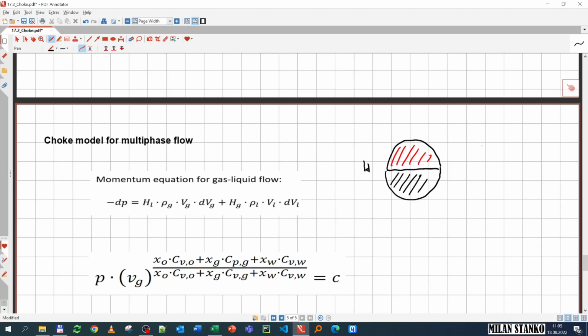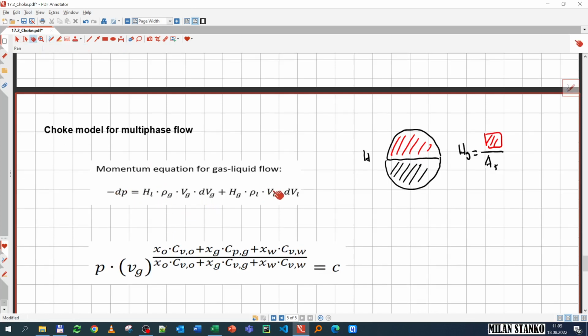For example, H is the area of the gas over the total area. So that will be the holdup of the gas. It's how much is being occupied by the gas. And we will see this in a later video.